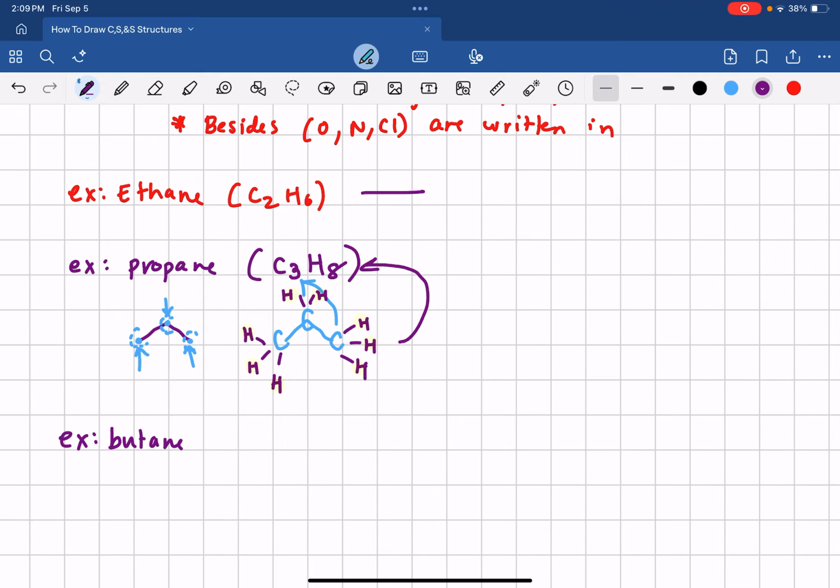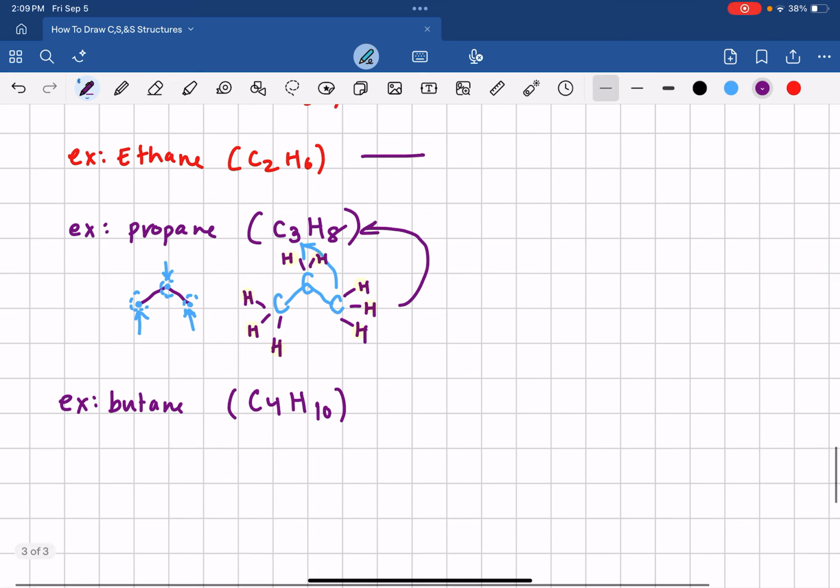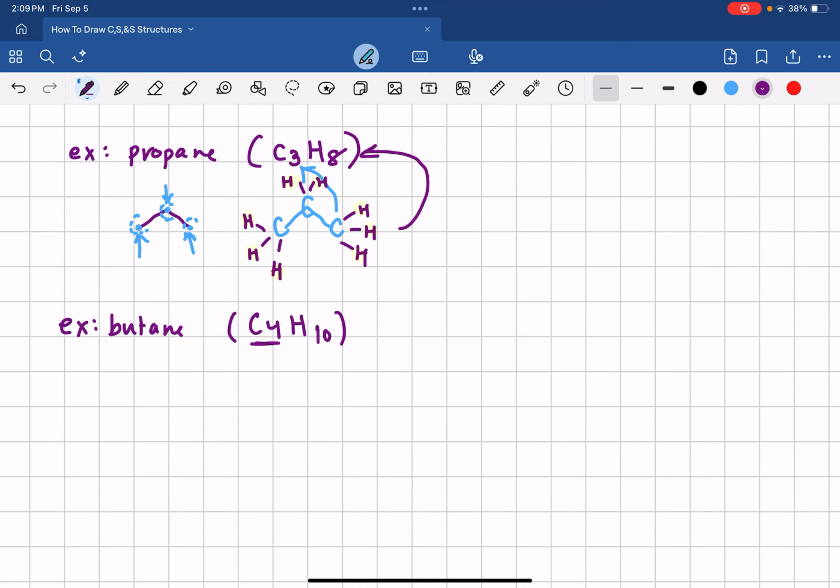Let's take butane, which is C4H10. I'm so sorry, I put H9, I meant H10. Butane has 4 carbons, so let's draw 1, 2, 3, 4. That now shows and implies 4 carbons.